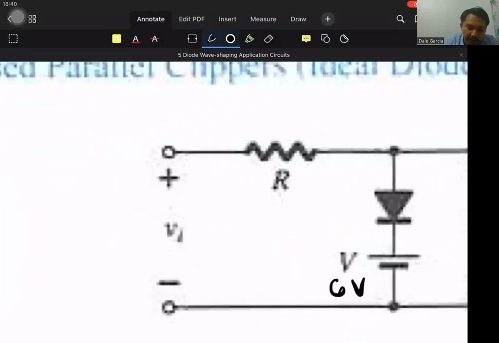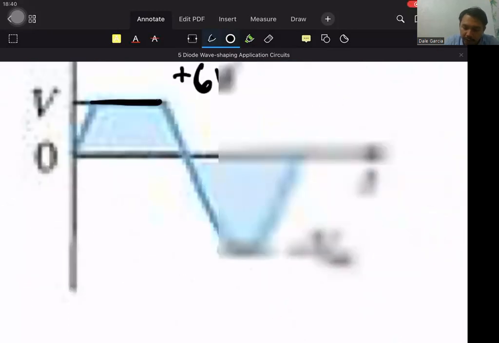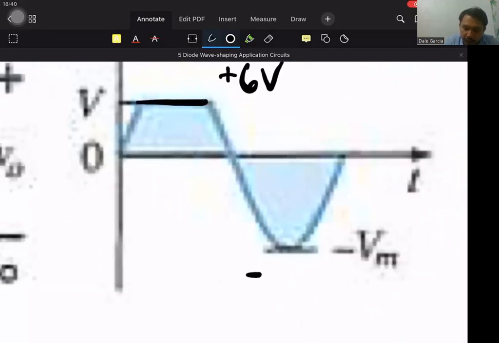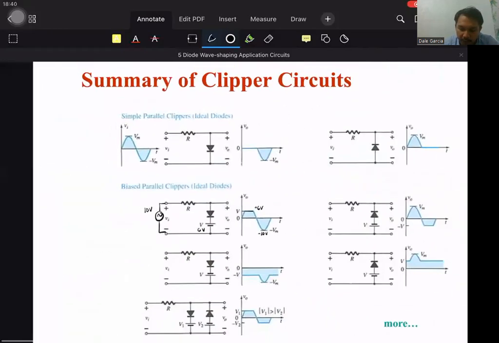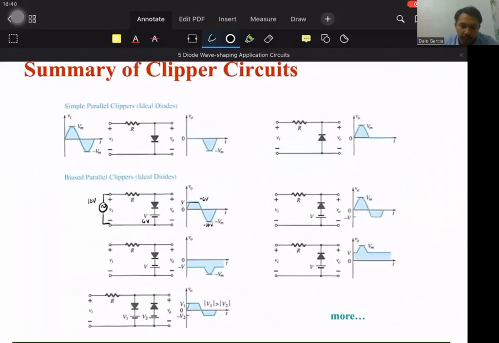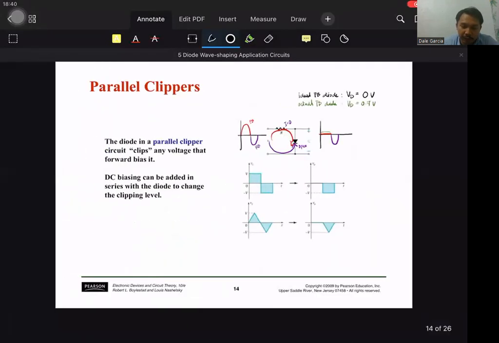If our AC source is 10 volts plus minus, then this is 10 volts, and this is negative 10 volts. It's just as easy as that. We just locate the clipper circuit and label the parts based on the given. The explanation we already covered earlier.